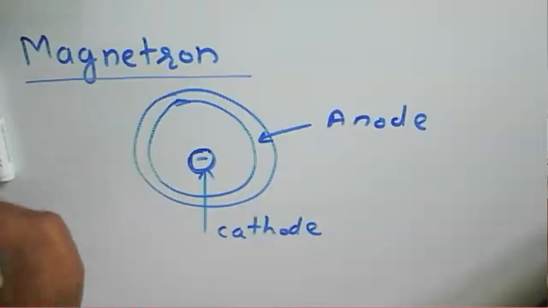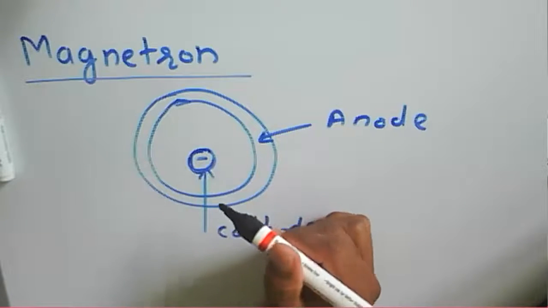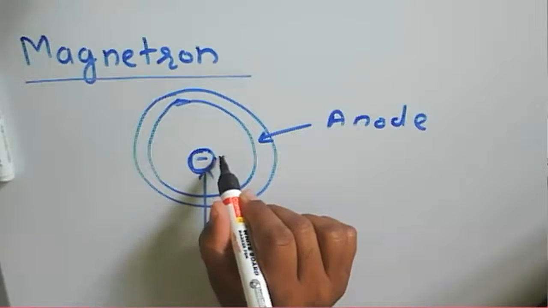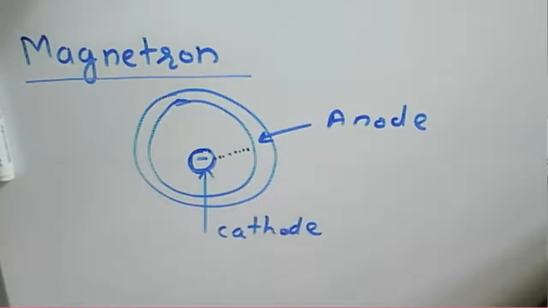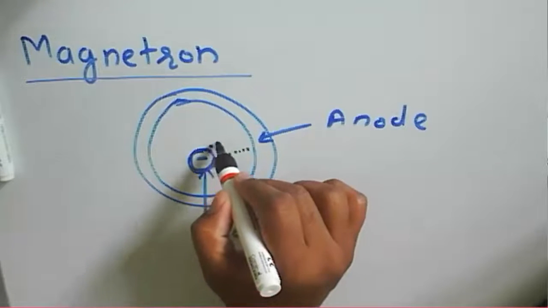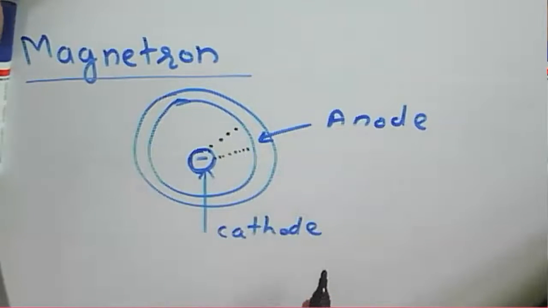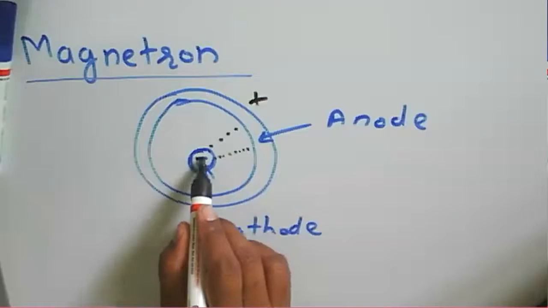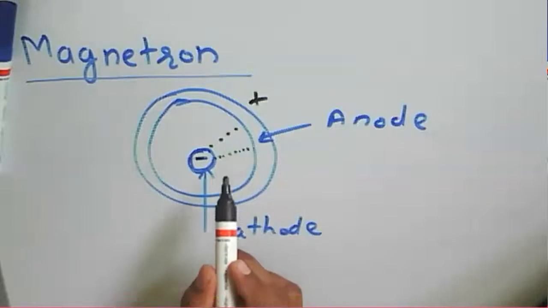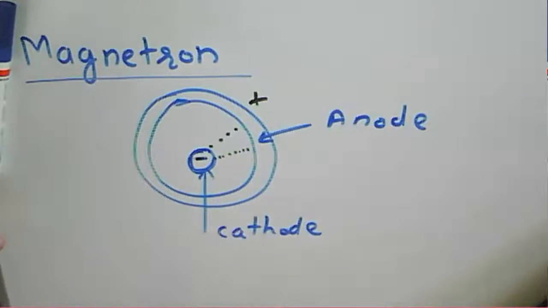So electrons interact in this given region, and then they try to move from the cathode to the anode. That is the motion of the electrons from the cathode to the anode. Since the anode is a positive supply and the cathode is a negative supply, the natural process is that electrons are attracted toward the anode.